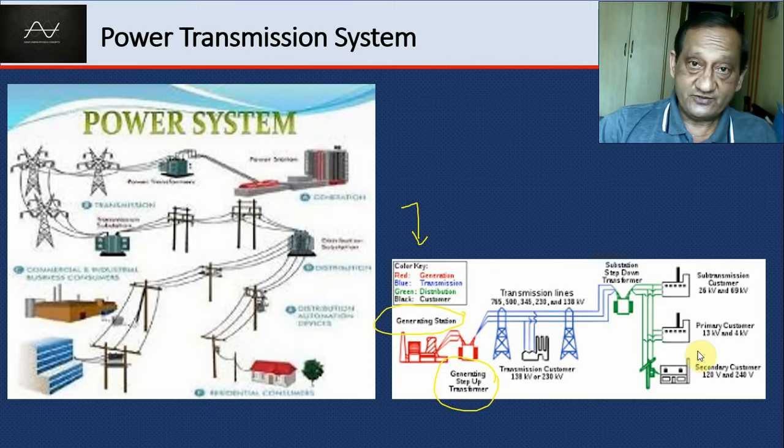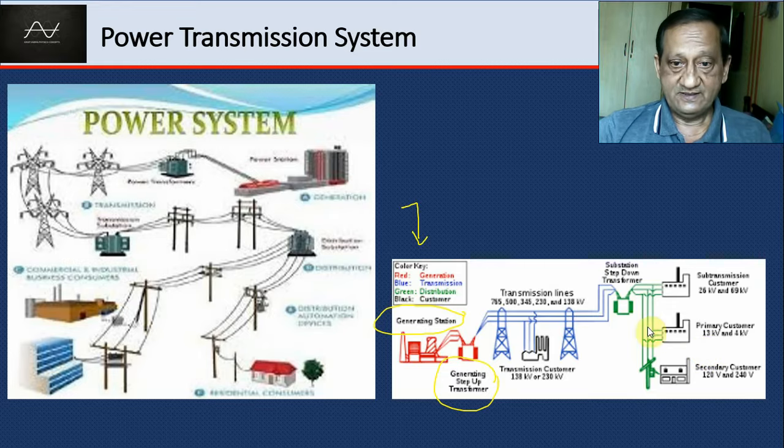Now, one very interesting thing, guys, is we say Ohm's law V equal to IR. Through a given resistor, if you increase the voltage, the current will increase. Now I'm saying if you increase the voltage, current will decrease.